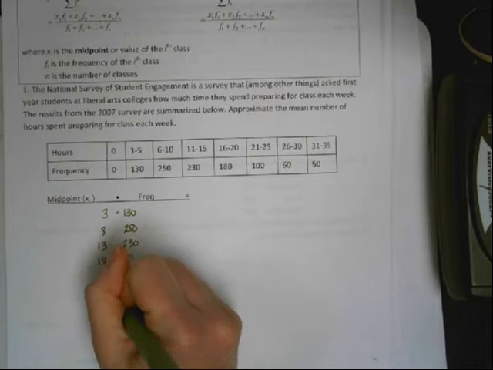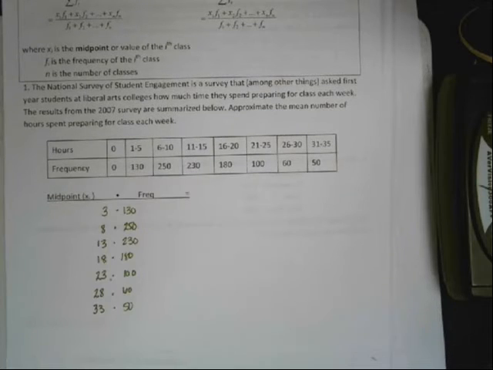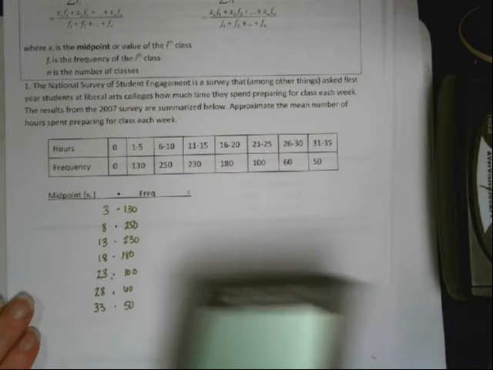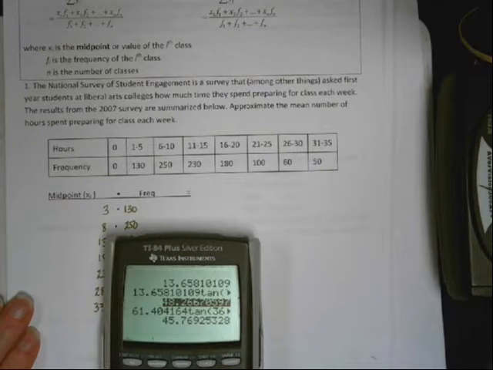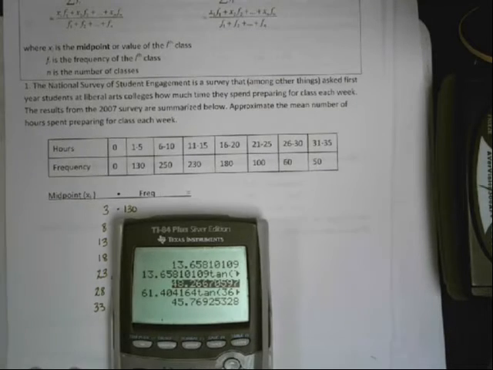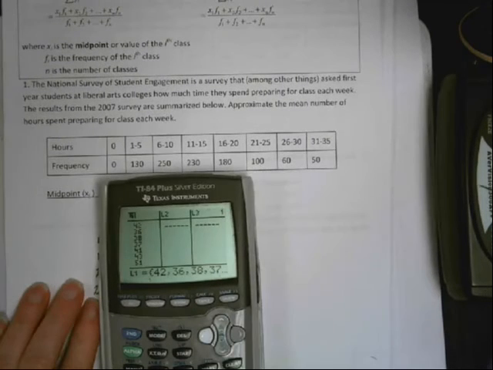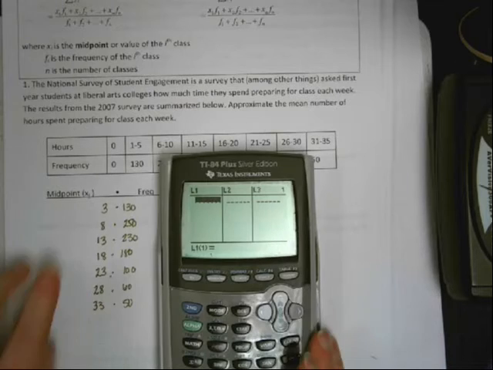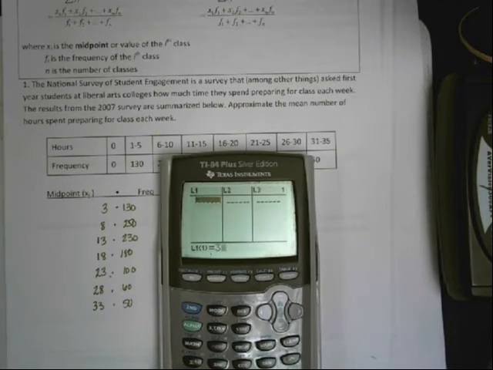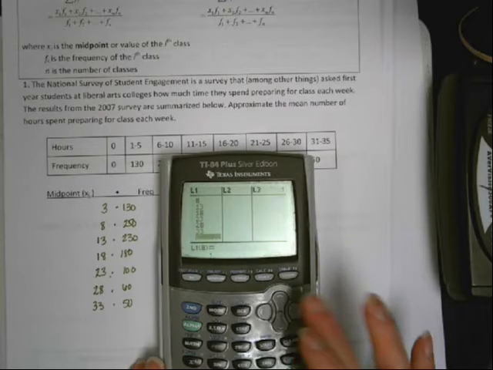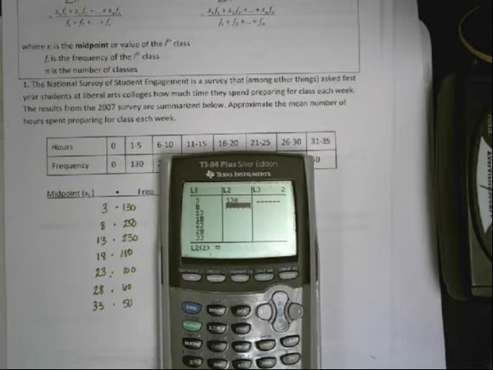That's fine. What I'm going to do in my calculator, just so my calculator will sum it for me, is go to Stat Edit and type my midpoints in list 1 and my frequencies in list 2.